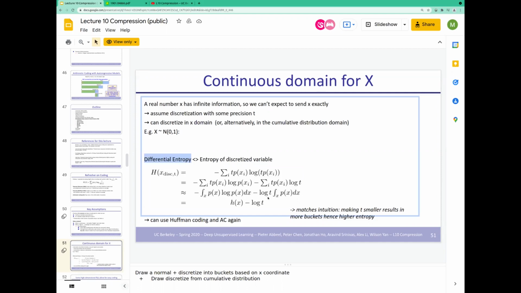And then it subtracts log of t, because the integral of p of x over x is 1, because the probability sums to 1. So we have log of t. And it says matches intuition, making t smaller results in more buckets. So as t goes to 0, log of t is precision.